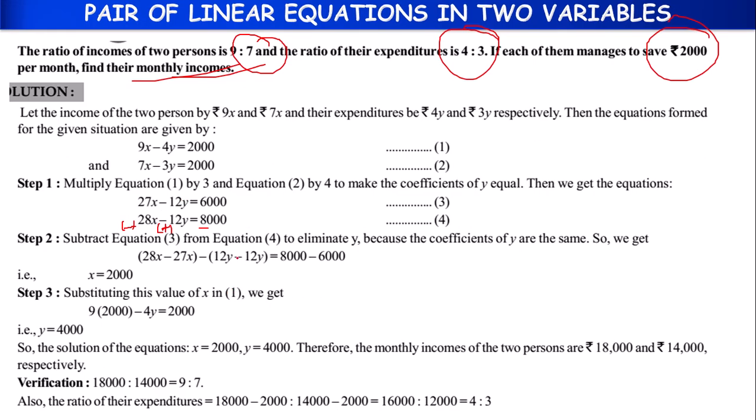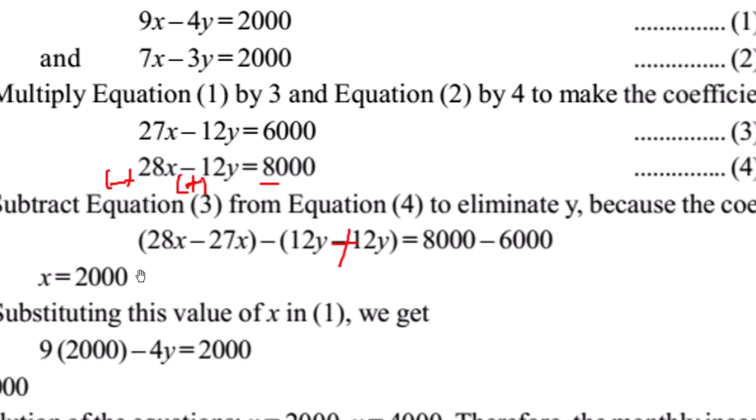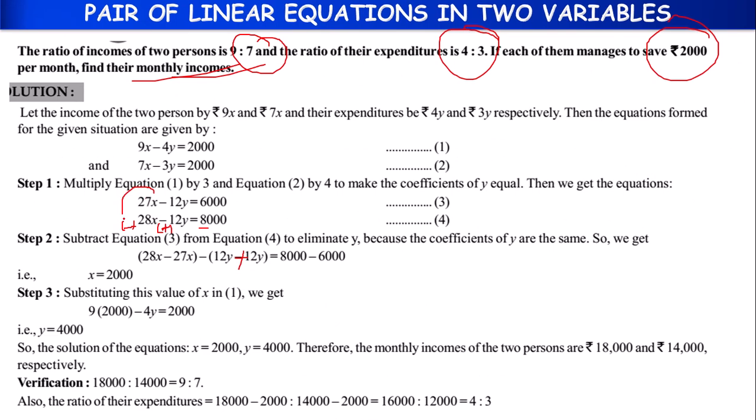So here plus will come, children. Minus of minus, plus will come here. Because of these two, 28x minus 27x, and next these two, minus 12y minus of minus 12y becomes minus 12y plus 12y.